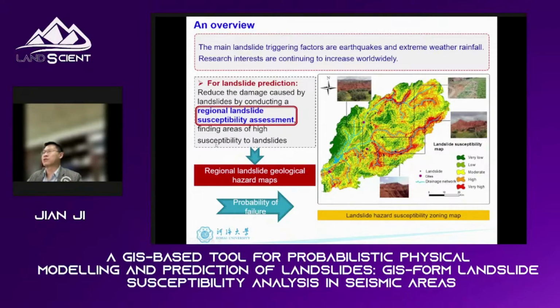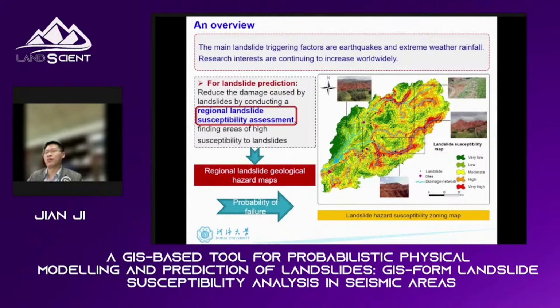We use regional landslide susceptibility assessment for landslide planning and disaster mitigation. For this work, the purpose is to roughly estimate the failure probability for the region of interest. This is what we call the landslide hazard susceptibility zoning map.